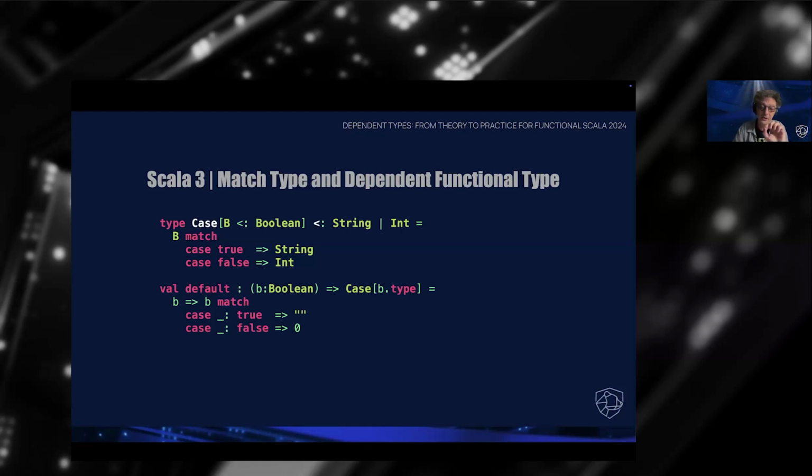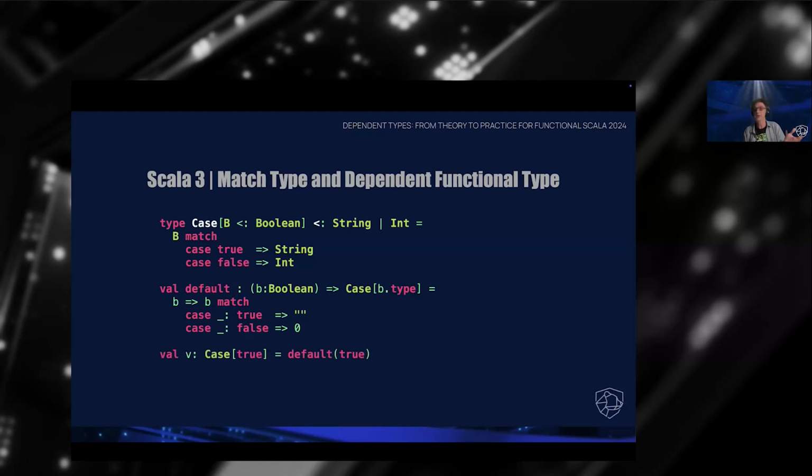The result of the function depends on the value B, and we can therefore extract its type thanks to the dot type operator. And therefore the type operator gives us the true or false type, of course. And then, if B is true, the expression true, we return the empty string, and if it's false, we return 0. And here true is the value, the expression true, which inhabits the type true, and false is the expression which inhabits the type false.